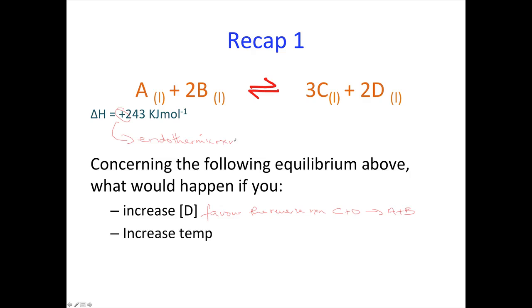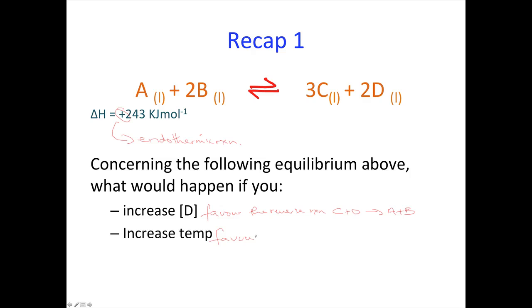All right? Now, the good news is that if the forward reaction is endothermic, and an endothermic reaction is one that absorbs heat, the change that you are opposing here is that you are going to increase temperature, meaning that you're going to increase the amount of heat there, then that is going to favor the endothermic reaction, which is the forward reaction.